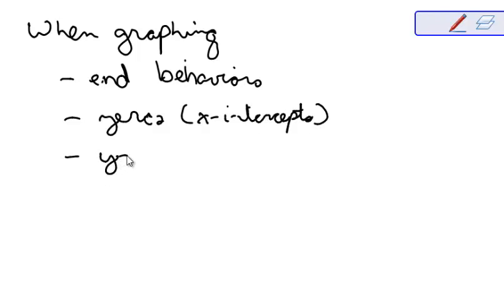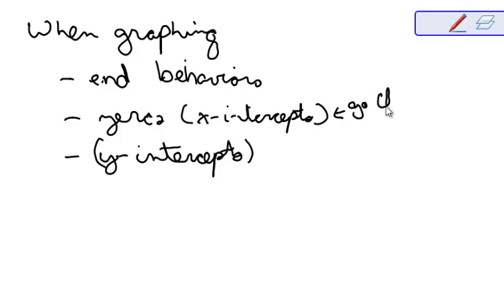And we need to look for the y-intercepts. If we have those things, we can graph it. The x-intercepts, we're also going to have to look at, does it go through, or is it going to do what we call bounce? And I'll continue explaining these in a moment. Okay?